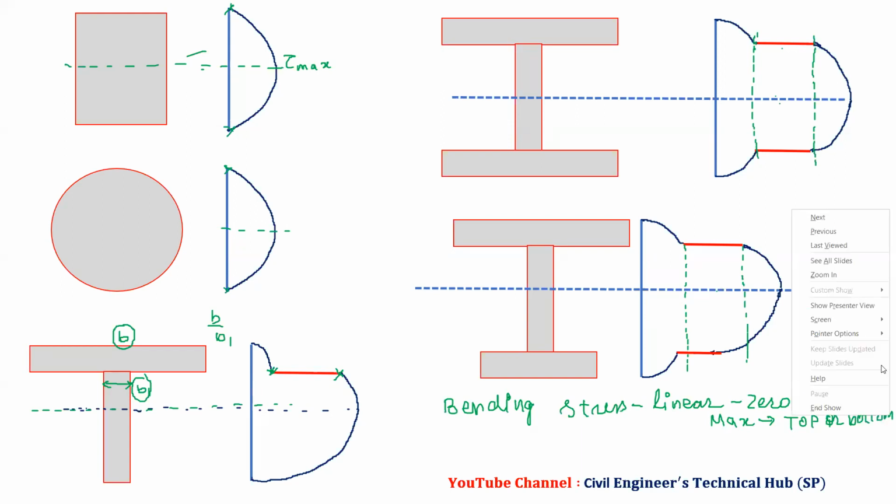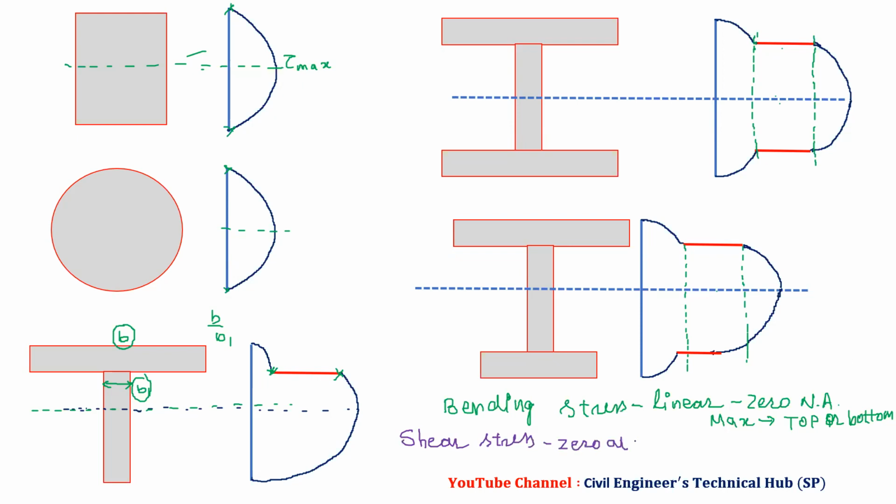If you go to the shear stress diagram, then, as we have already seen, shear stress is 0 at top and bottom and maximum at the neutral axis.